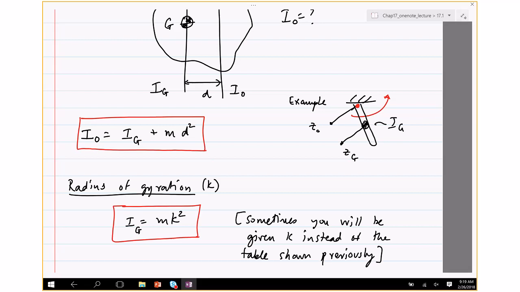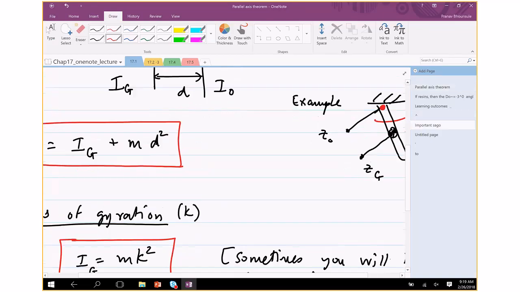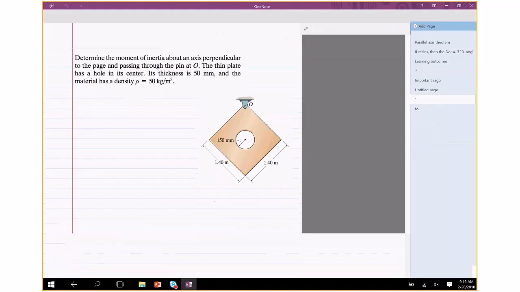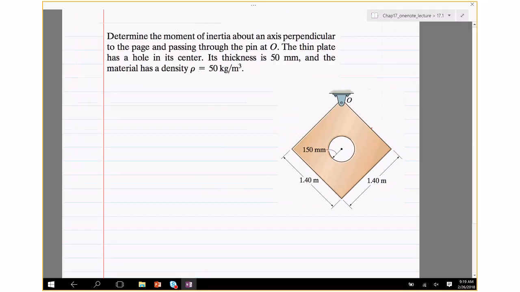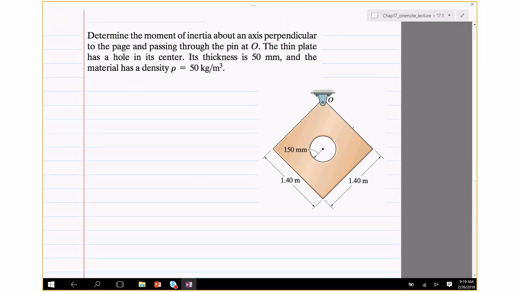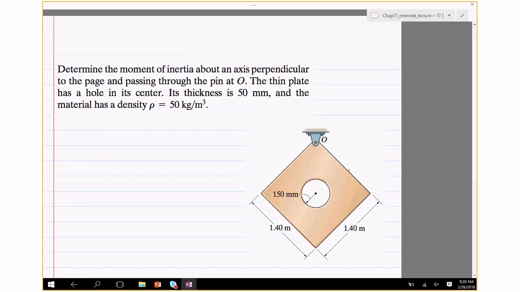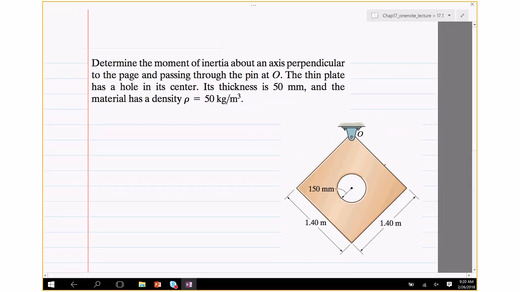Okay, let's use all this to solve some problems. Determine the moment of inertia about an axis perpendicular to the page and passing through the pin O. It's really hard for me to draw this because the axis passes through this.